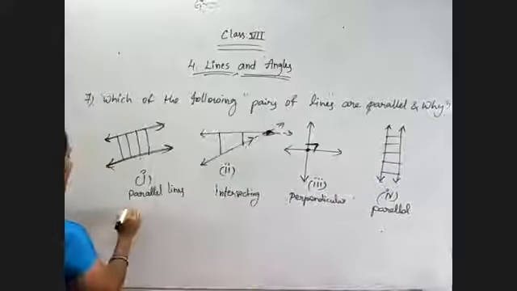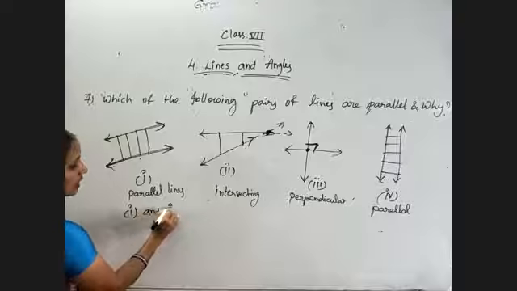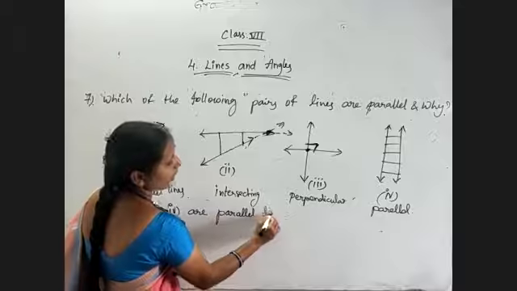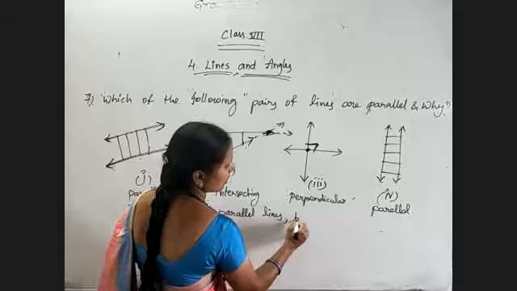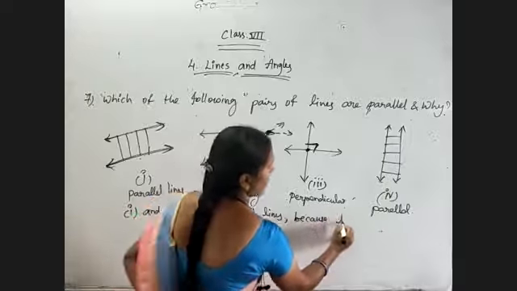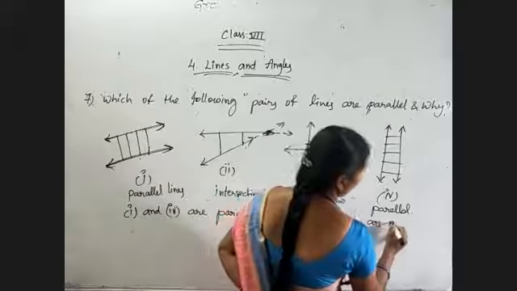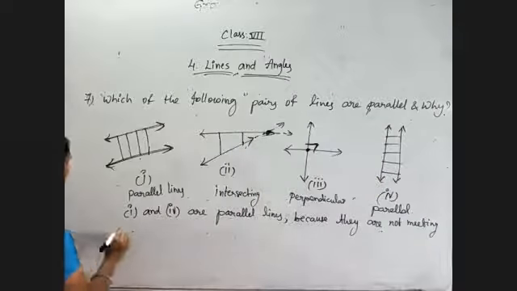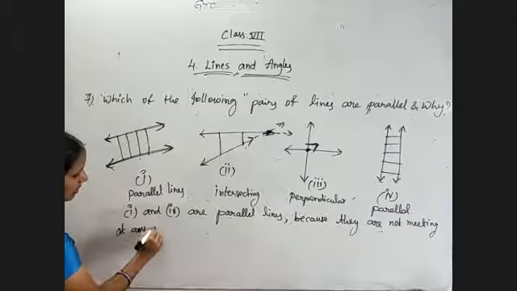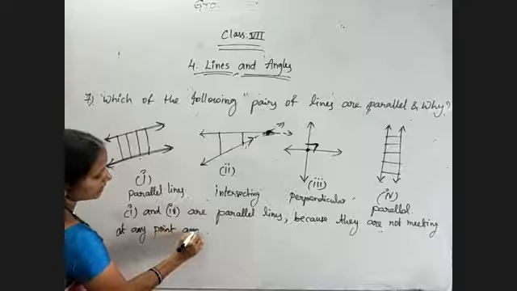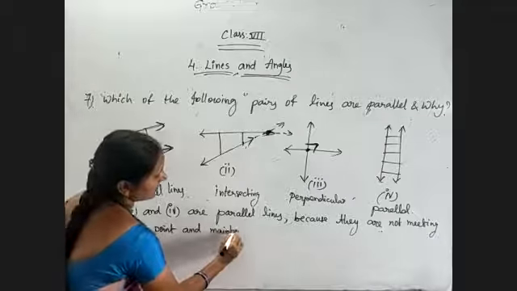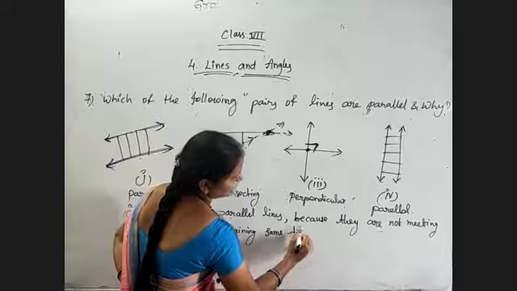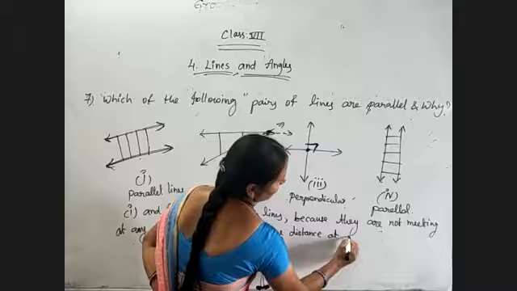So why are they parallel? Figures 1 and 4 are parallel lines because, since they are asking for the reason also, they are not meeting at any point and maintaining the same distance at any point.